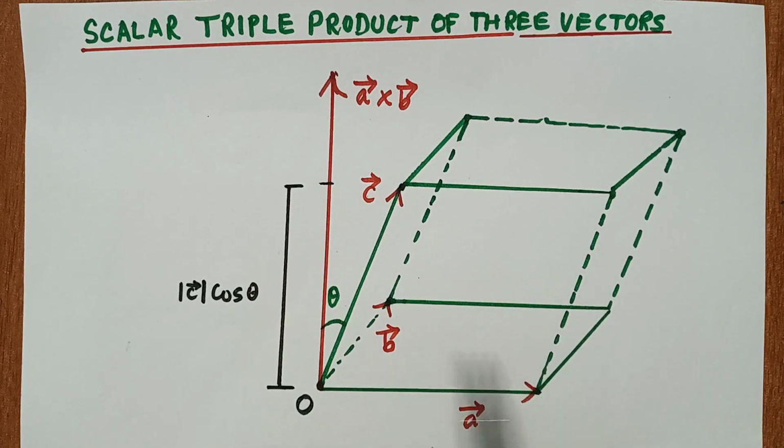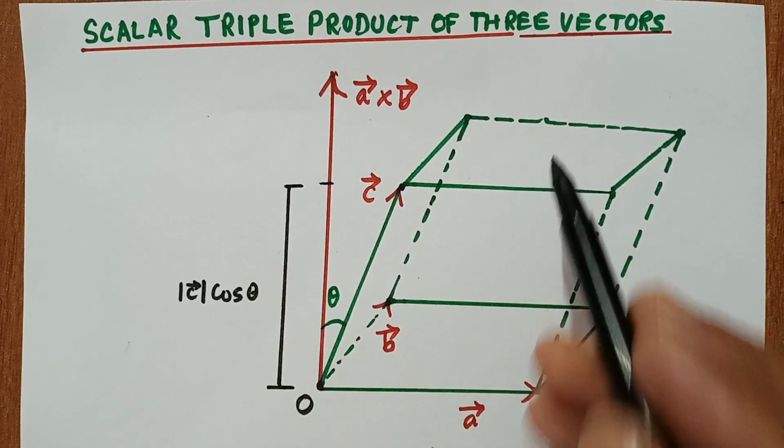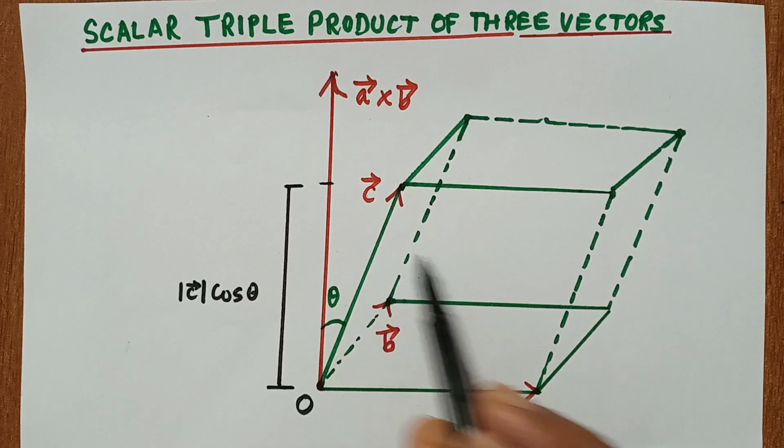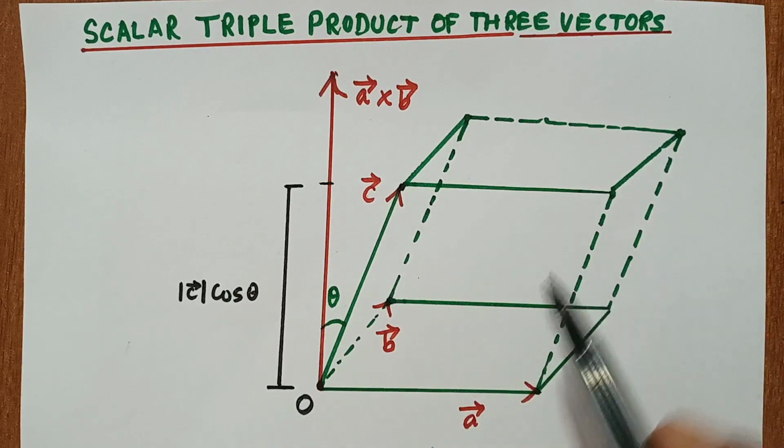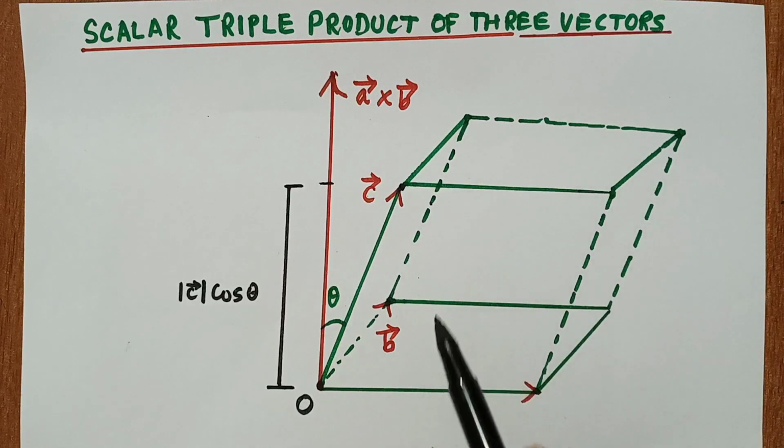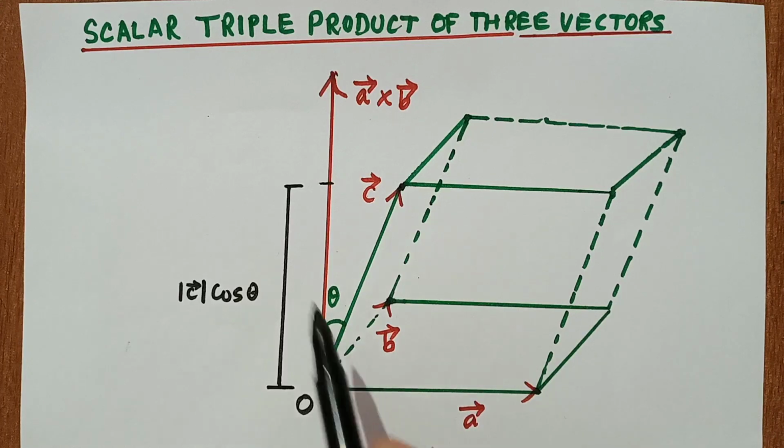One is this plane on the surface, and the second is parallel to it, and so on. So there are six planes. As you know, a cuboid also contains six planes. So by these three vectors we get a parallelepiped.